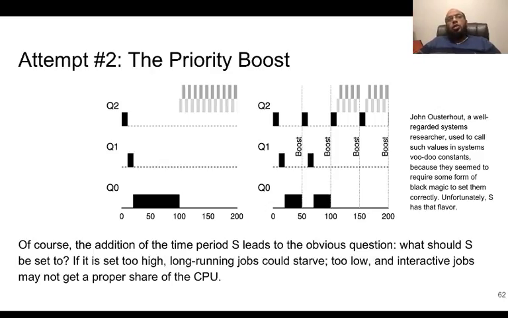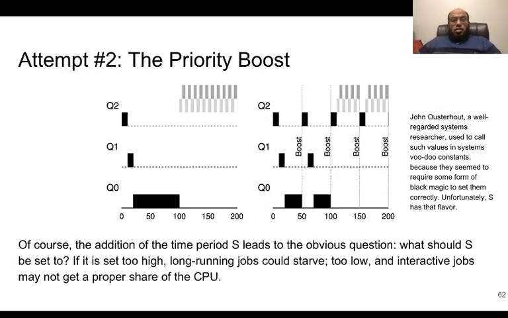And that is neither engineering nor science because, well, you have something that works, and you're not really sure why when you increase that number by 1 or decrease it by 1, it doesn't work. So we have a lot of these voodoo constants in systems, and we want less of them.